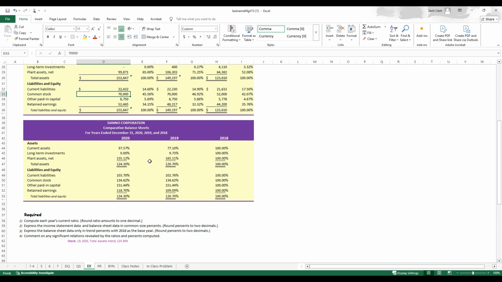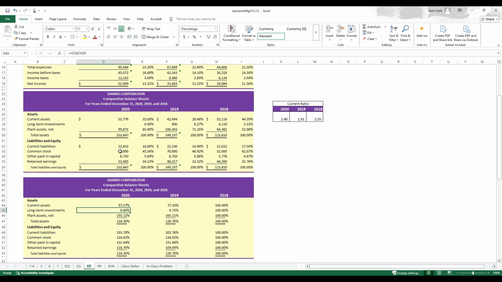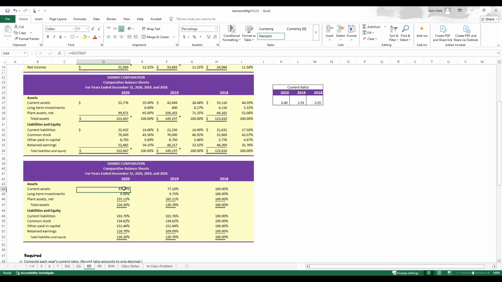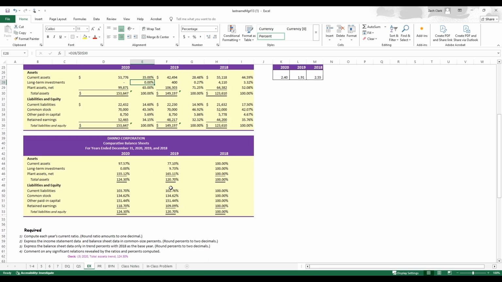And then let's look at our trends from balance sheet. So current assets, again, up quite a bit trend wise. Below what they were in 2018, I should say, but they did come back up from 2019.